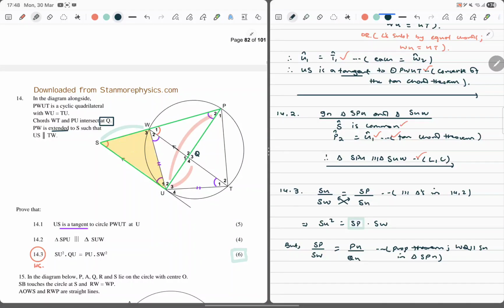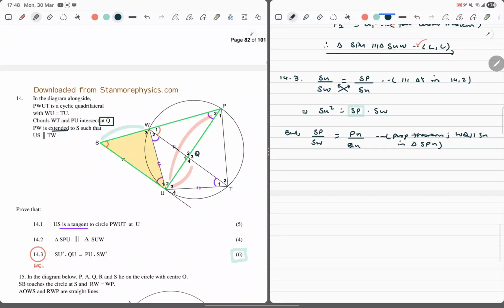Okay. Now, what do we know? We just cross multiply that. We can appreciate that essentially SP becomes PU times SW divided by QU. Right.